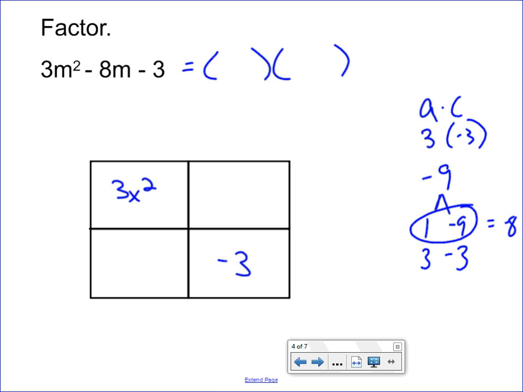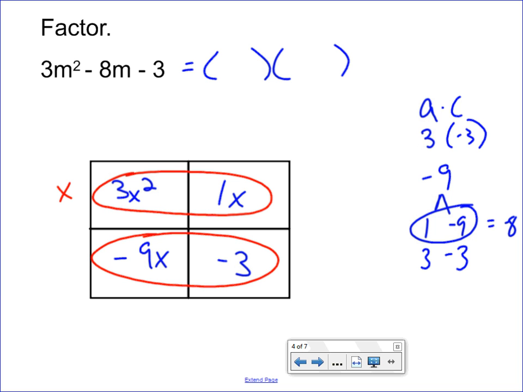So those two factors come over here, and one of them would be a 1x. The other one would be a negative 9x. And then, again, here's what we do. What do these two terms have in common? Those two terms have an x in common. What do these two terms have in common? They're both negatives, so I know they have a negative in common, and 3 goes into both of them.